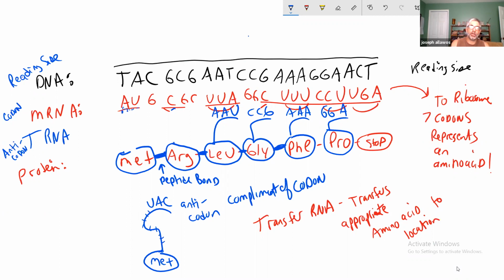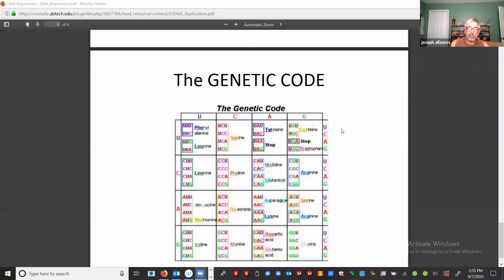You're looking up the anticodon instead of the codon in the chart. What's going to happen? You get a different amino acid. Okay, so you have to be really careful.